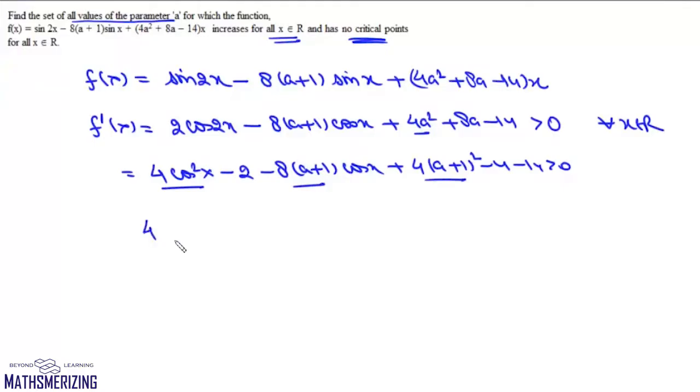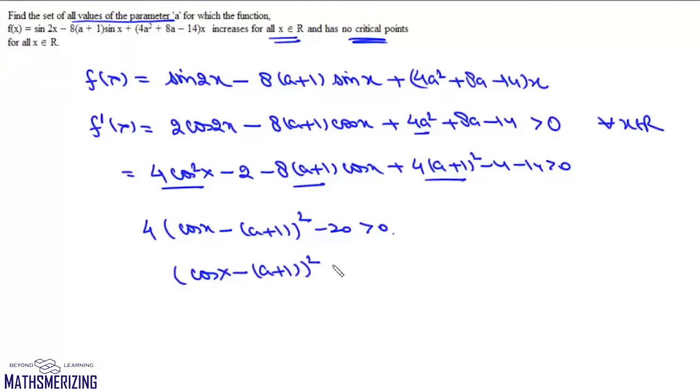We can write 4 times (cos x − (a + 1))² and here will be 14 minus 14, 18, and then minus 20, it is greater than 0. Or we can write (cos x − (a + 1))² is greater than 5.